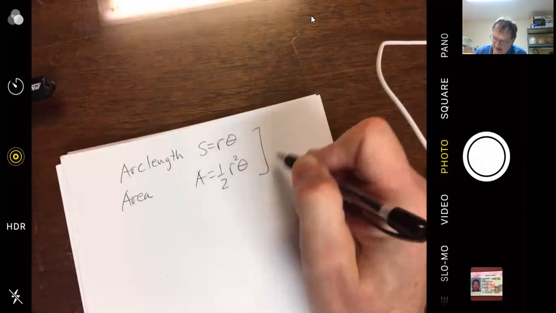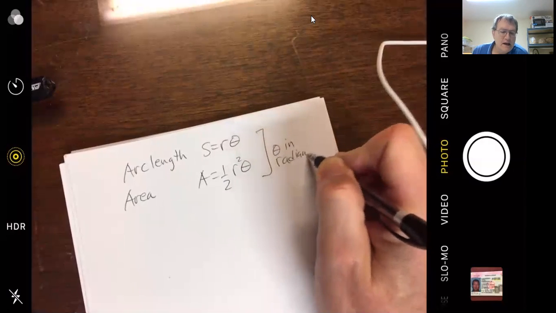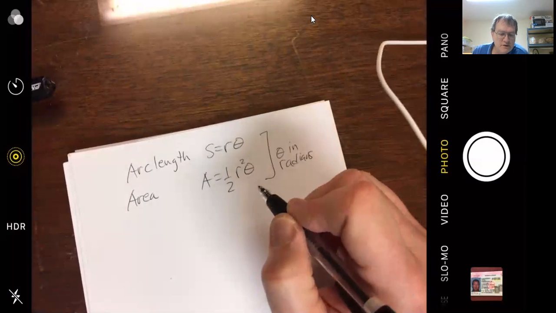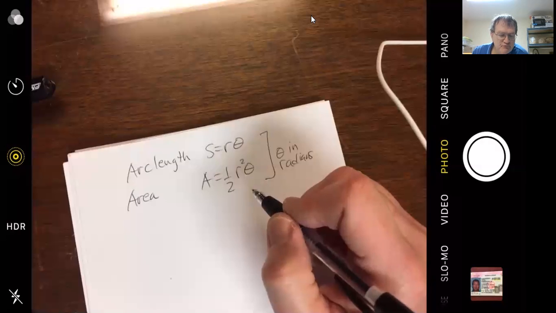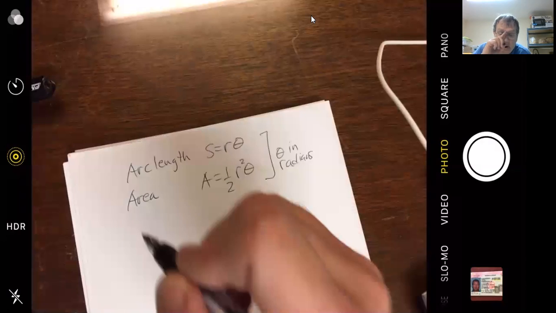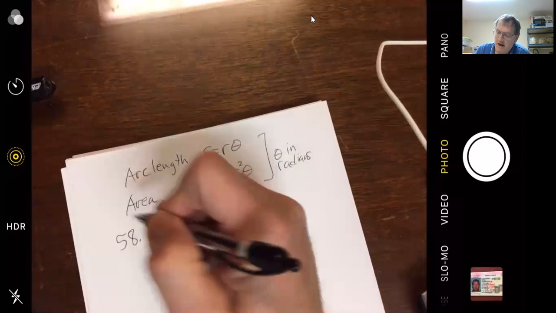Again, theta in radians. So let's try one in degrees. Let's see, 58, just to show you what happens. Now we're on page 445.